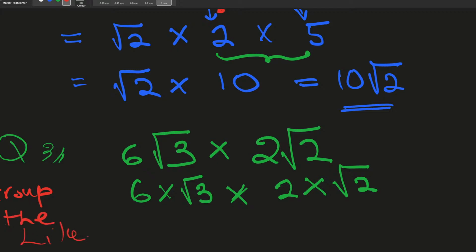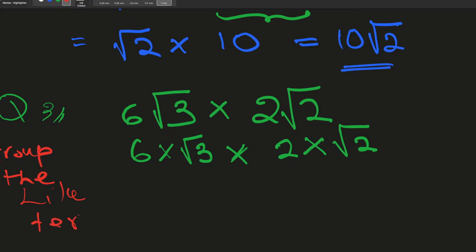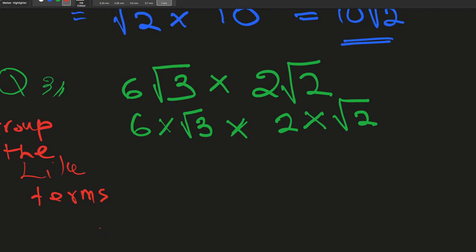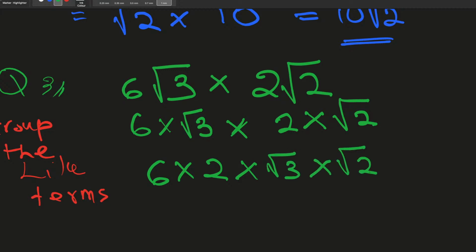When we group the like terms, our expression will be 6 multiplying 2, and root 3 multiplying root 2. Then I'll multiply them individually to get my answers. I know when I multiply 6 by 2, I get 12.